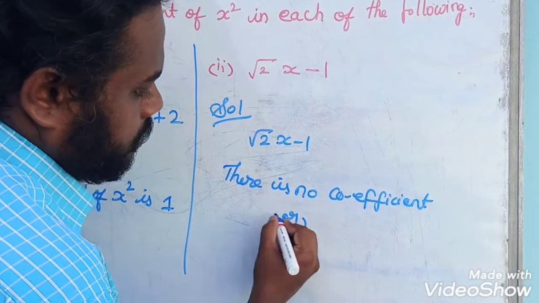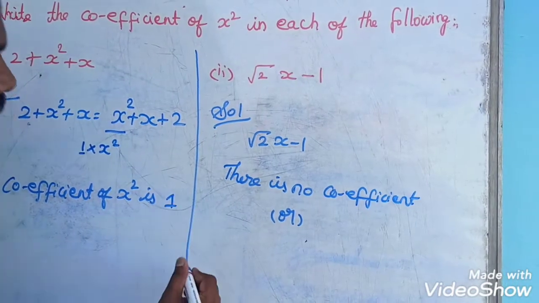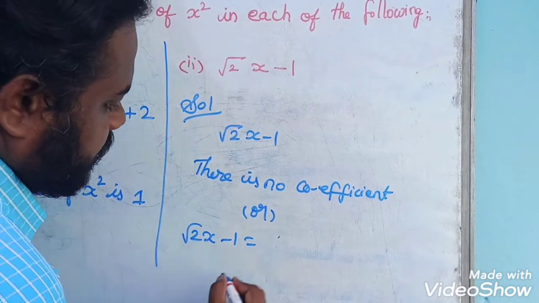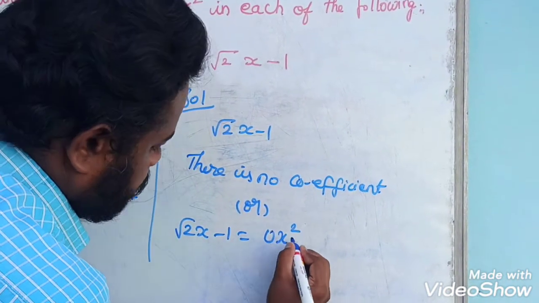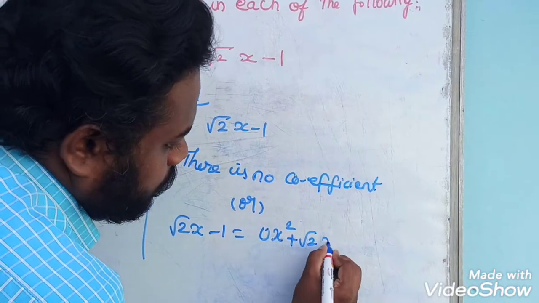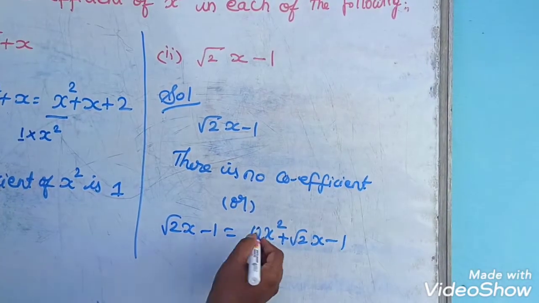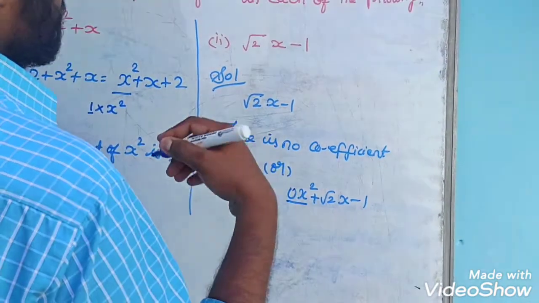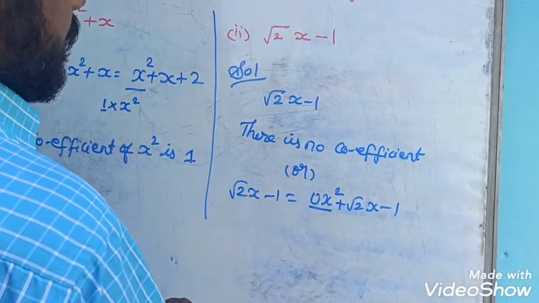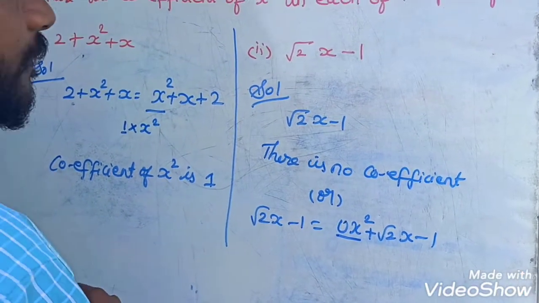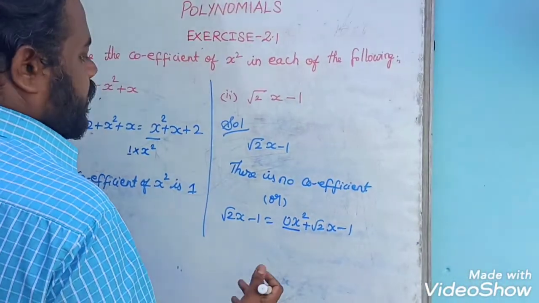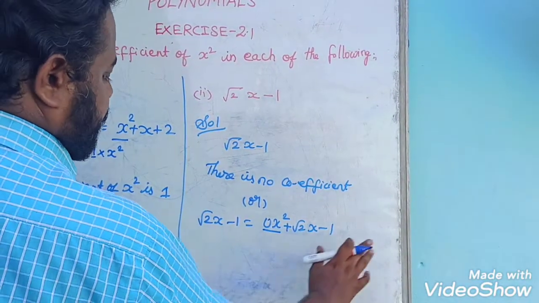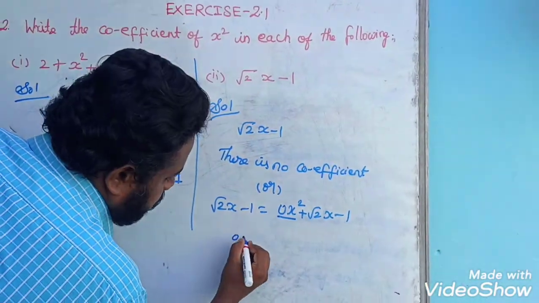Another way, you can write this expression like this: 0x square plus root 2x minus 1. 0 into anything is 0. So 0 is the coefficient of x square, which means there is no value. Because of that there is no coefficient. Otherwise you can write like this: 0 is your coefficient.